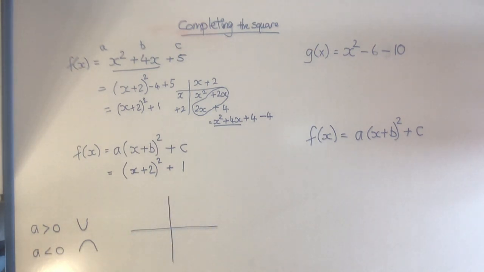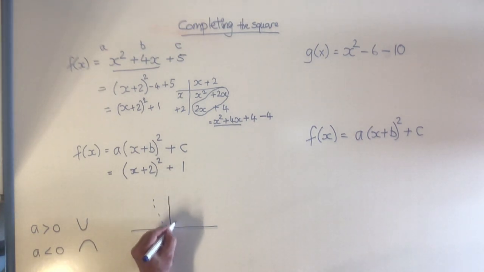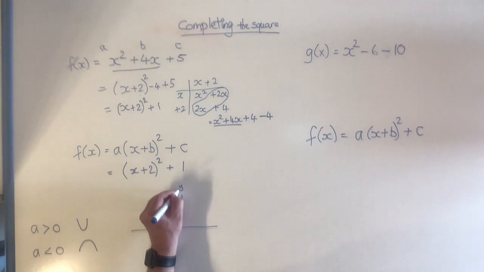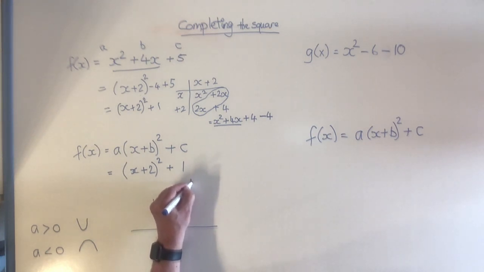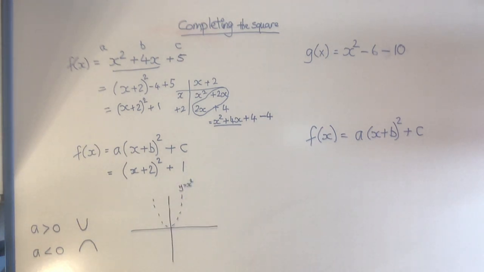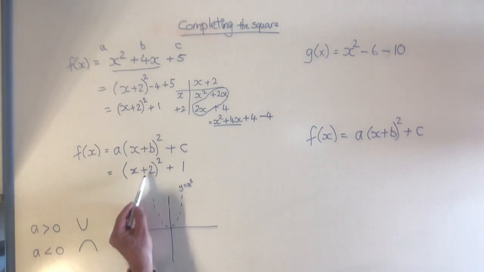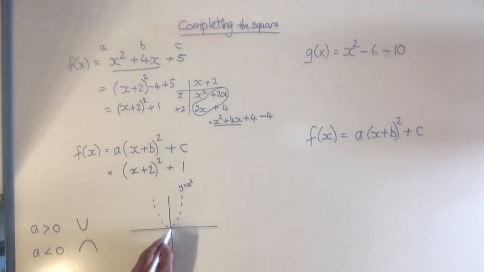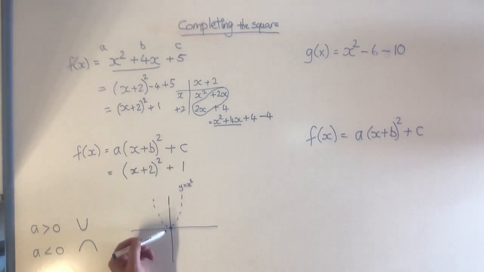Well, the first thing we do is we look at the standard quadratic, and this is the one you should know. This is what you start with at quadratic theory, a very basic one, which is y equals x squared. Well, inside the bracket, since that's plus 2, it moves this minimum turning point here, not the way you maybe think, to the right. It doesn't go to the right, it goes to the left.